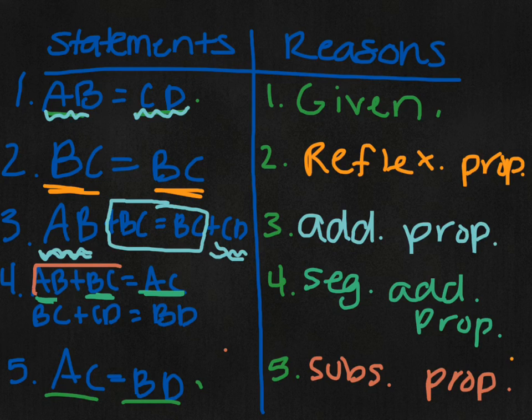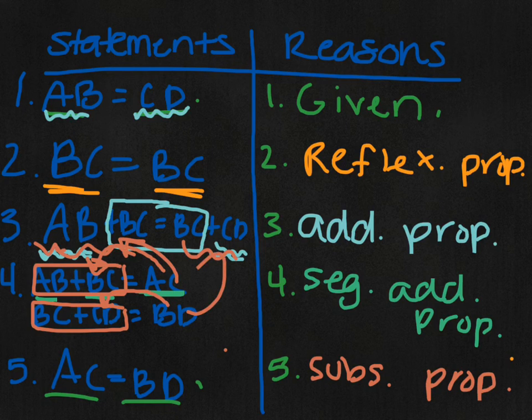So we took AC and plugged it in to here. Okay? BC plus CD is equal to BD, so we took BD and plugged it into here. The previous step, it said those two things equaled each other. Okay, so we can say that AC is equal to BD. We just substituted them in. So it's more like we plugged it in here and plugged that in there. There you go.